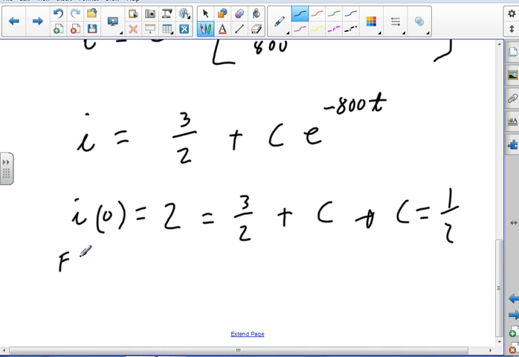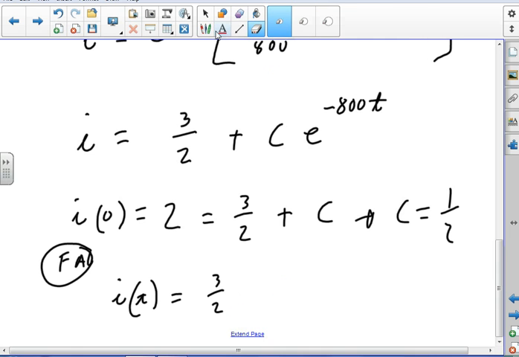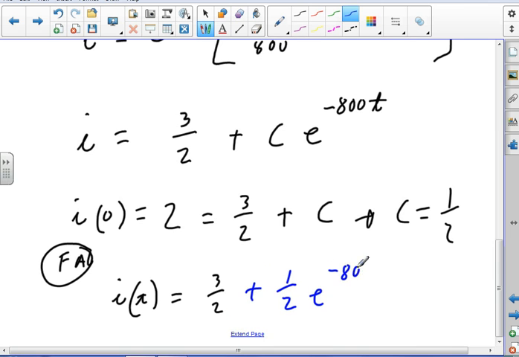So final answer, I of t is equal to 3/2 plus 1/2 e to the minus 800t.